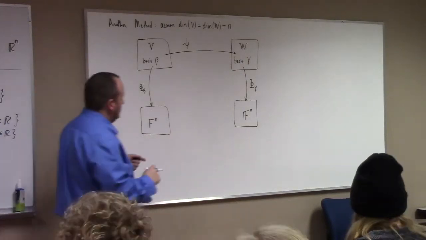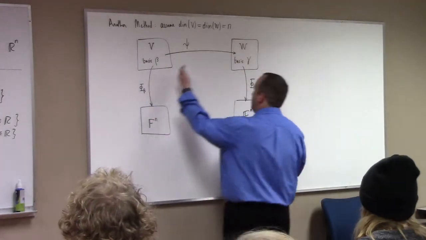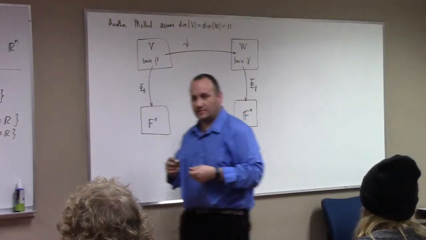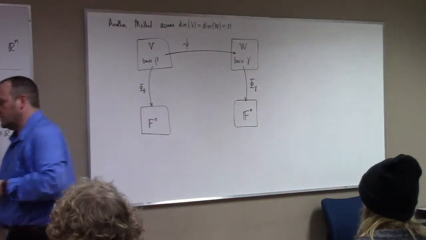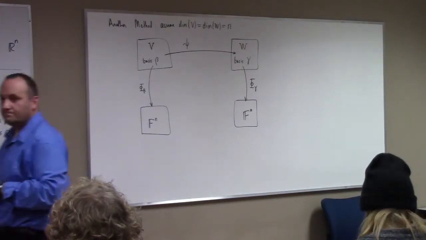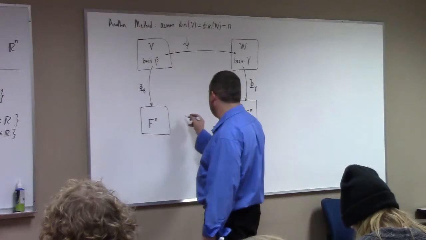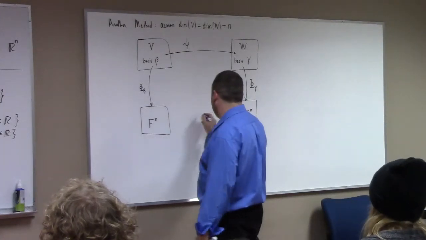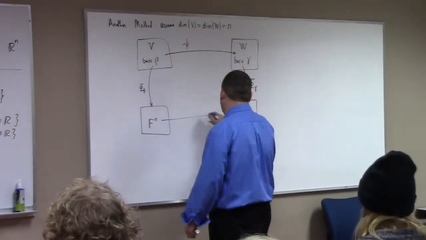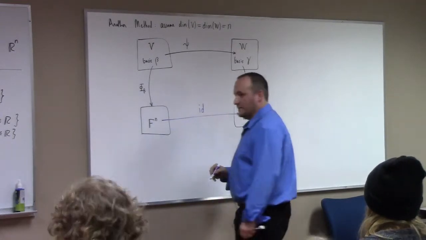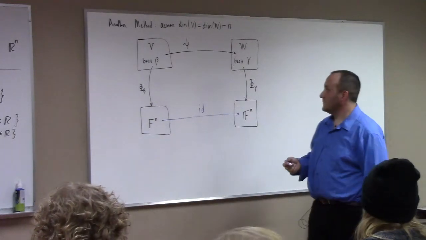And so if I want to construct an isomorphism from V to W, one of the ways I could do it is just to use my coordinate maps. How can I go from here to here? I mean, I can take the identity map down here if I want. So what should I make psi?